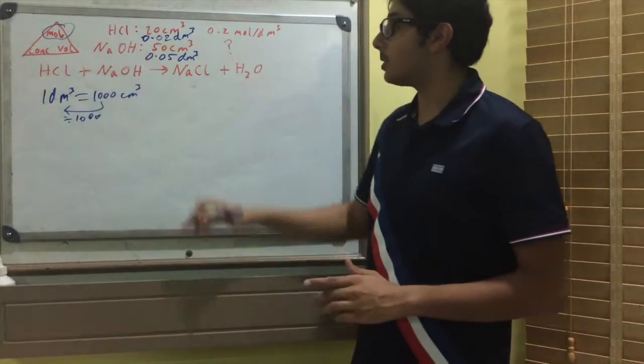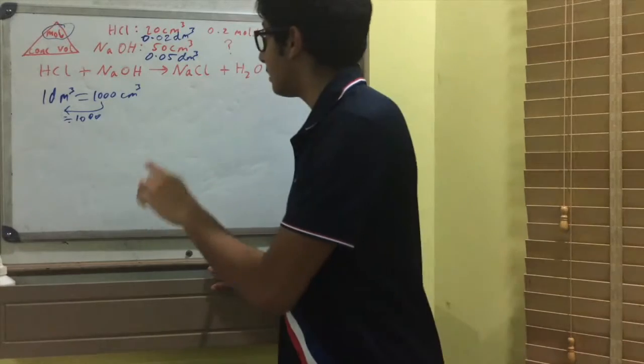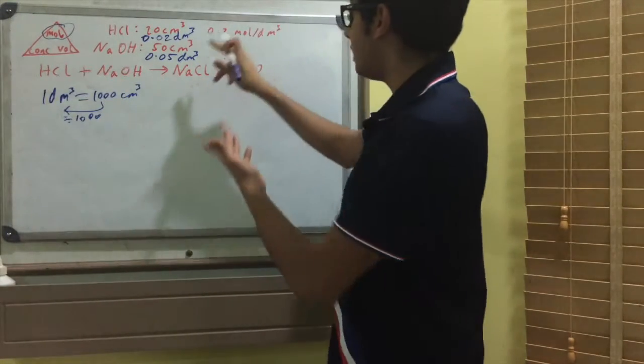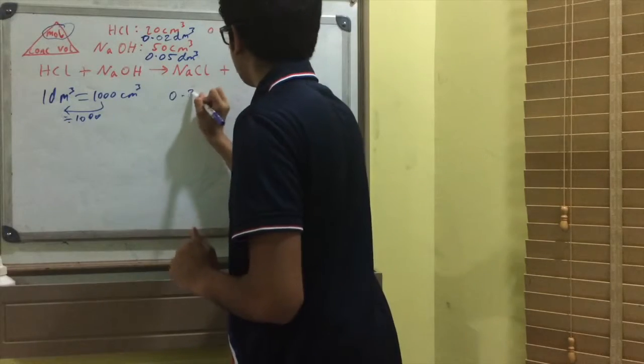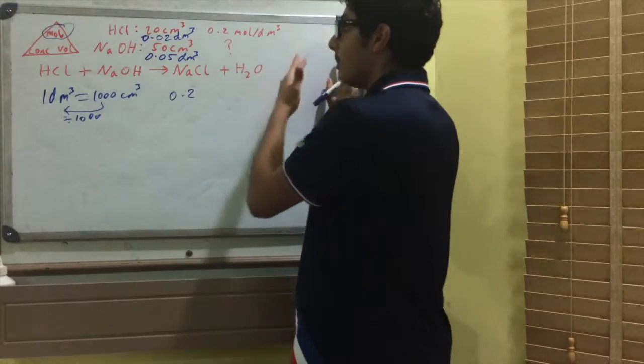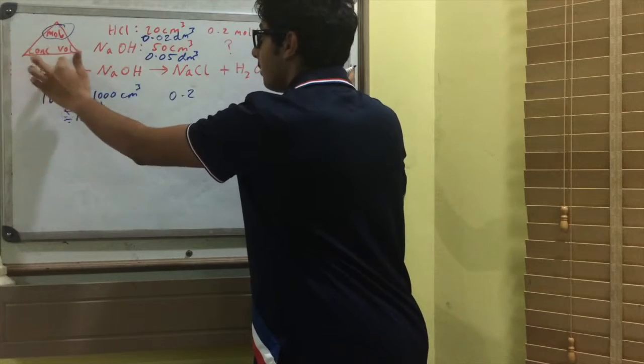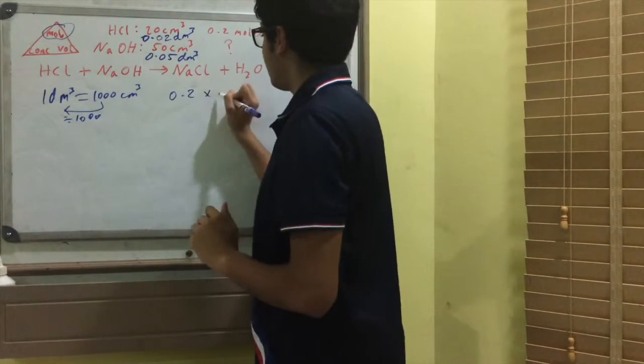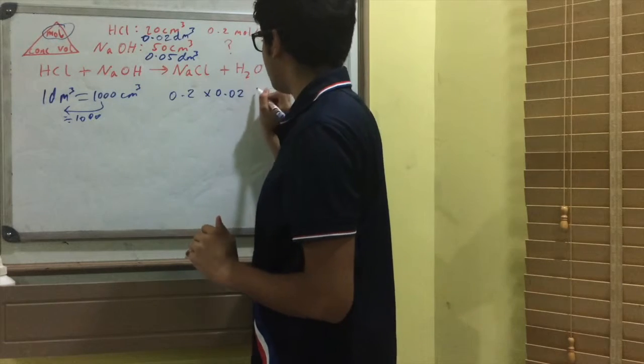Now that you've done that, you need to work out the number of moles in order to relate the two. So, for hydrochloric acid, the number of moles is concentration multiplied by volume. It gives you the concentration, 0.2 moles per decimeter cubed, multiplied by the volume in decimeters cubed. So that's what we've done here, multiplied by 0.02.